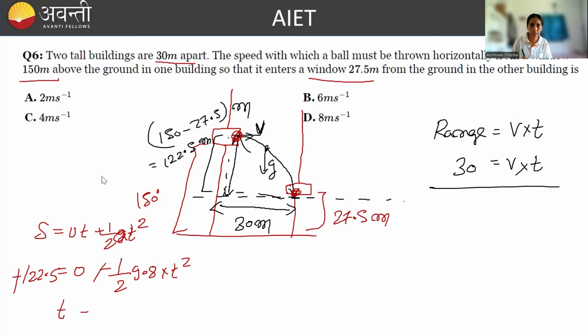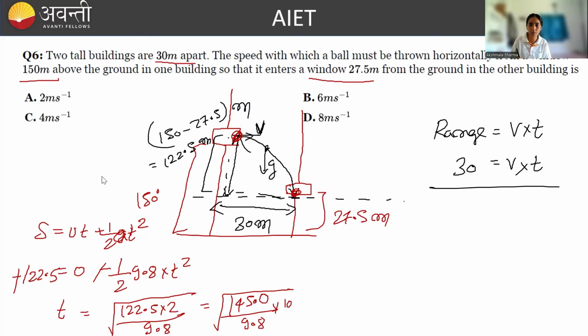And if you write T, it is 122.5 into 2 divided by 9.8. So if you solve it, how much will it become? Multiply 122.5 into 2, so this will become 245.0 by 9.8 into 10.